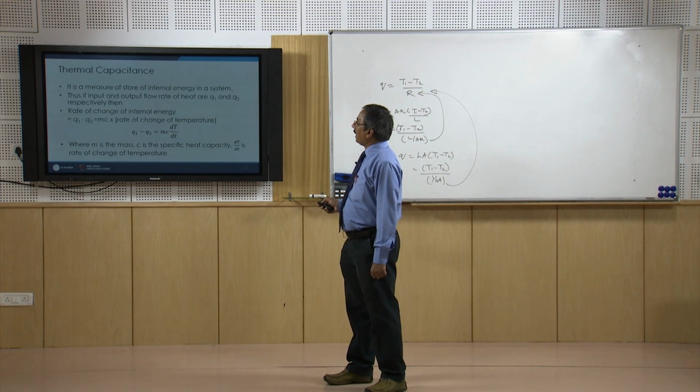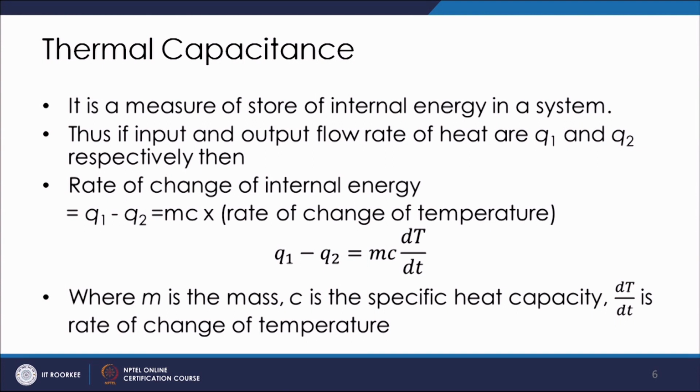Now, the thermal capacitance is a measure of the store of internal energy in a system. Okay. So, if input and output flow rate of heat are say Q1 and Q2, then the rate of change of internal energy is equal to Q1 minus Q2.